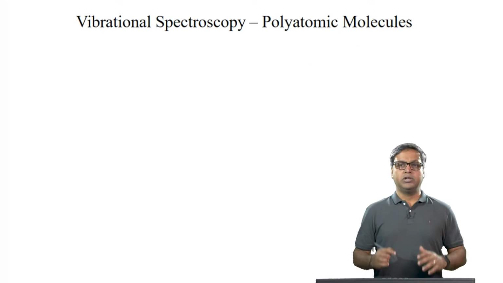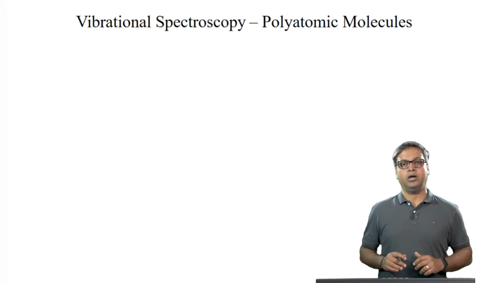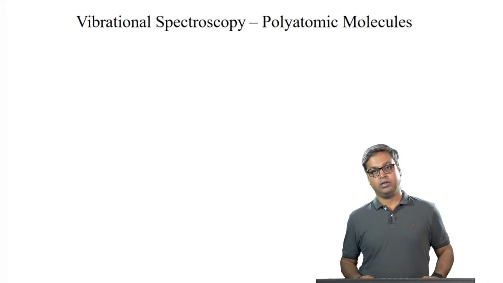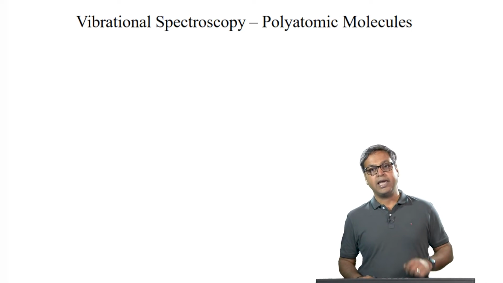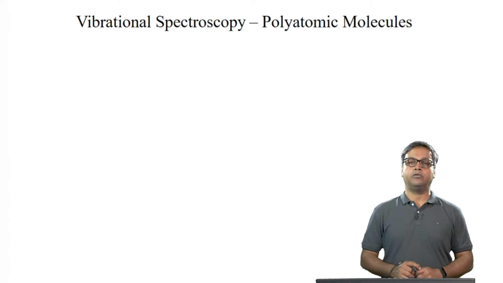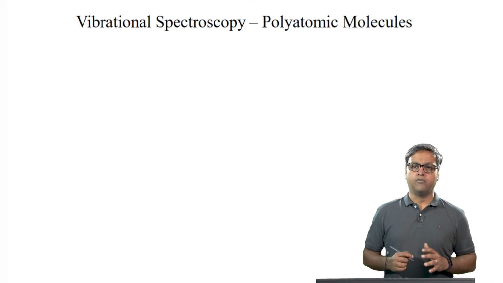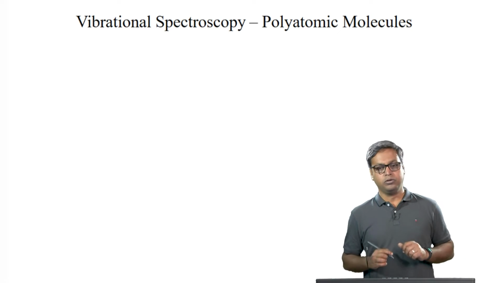So, today we will start off with the rovibrational spectra of linear molecules. Such molecules can have either parallel or perpendicular vibrations. So, what are the selection rules for a parallel vibrational mode?